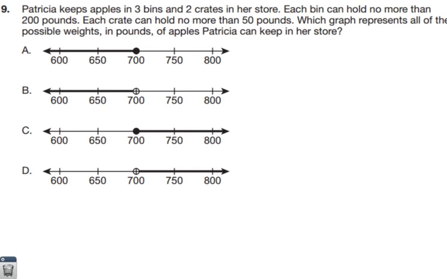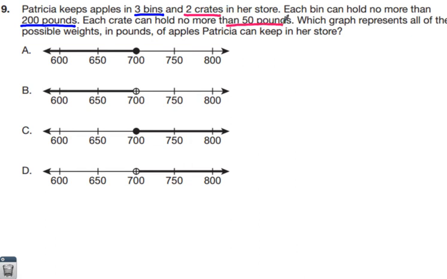You should look at this and get a grip on all the info. We have 3 bins, and each bin can hold no more than 200 pounds. And each crate, and there's 2 of them, can hold no more than 50 pounds.